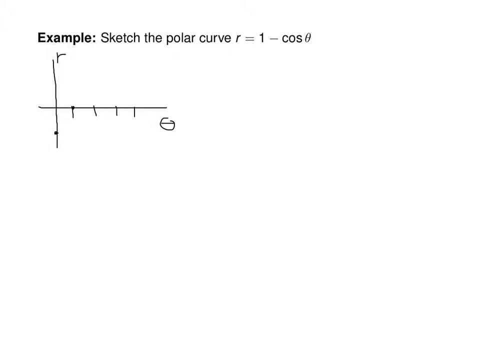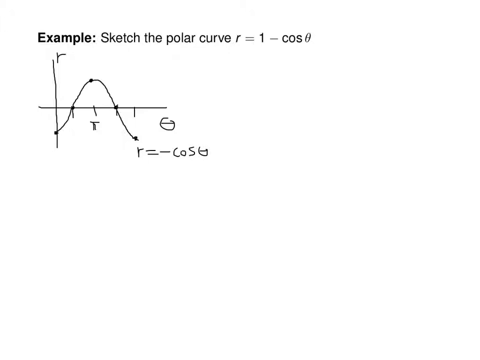By pi halves, it'd be 0. At pi, it would be at 1. By 3 pi over 2, it would be back at 0. And by 2 pi, it will be back at negative 1. So that's just r equals negative cosine of theta.